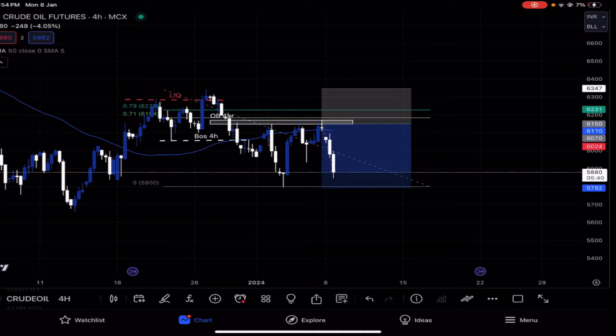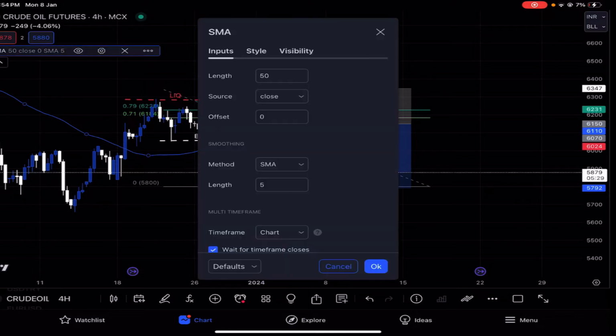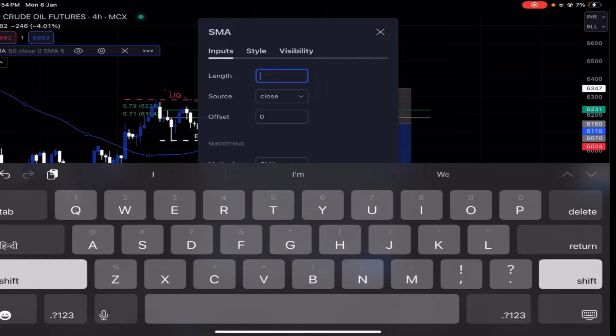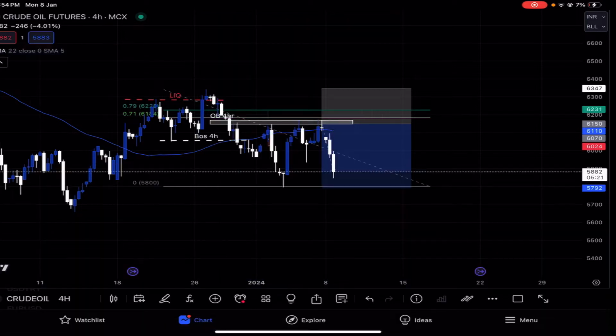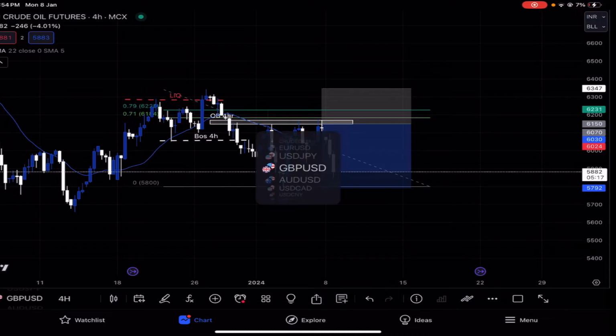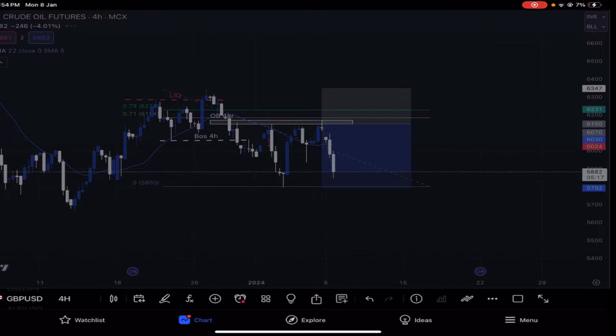A 100 moving average uses the past 100 candles. So the moving average is the average of past prices. By going into the settings, you can change how many candles of price you want it to use. For example, if I make it a 22 moving average, you can see how the slope has changed. Now if I go to a clear chart where there is no analysis.